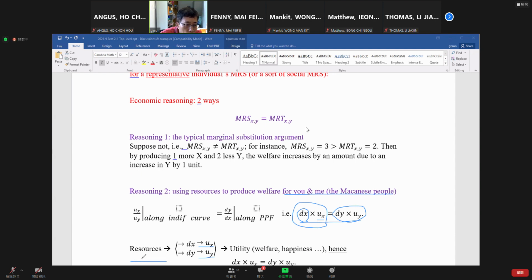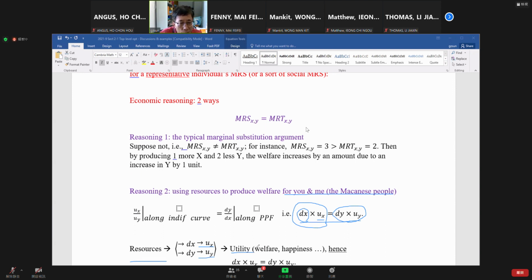So therefore, the general picture we are now facing is how to organize everything to make good use of resources in order to produce utility or welfare or good life quality, happiness, whatever you like to call it. Basically, what we are doing is turning resources into utility, into happiness.